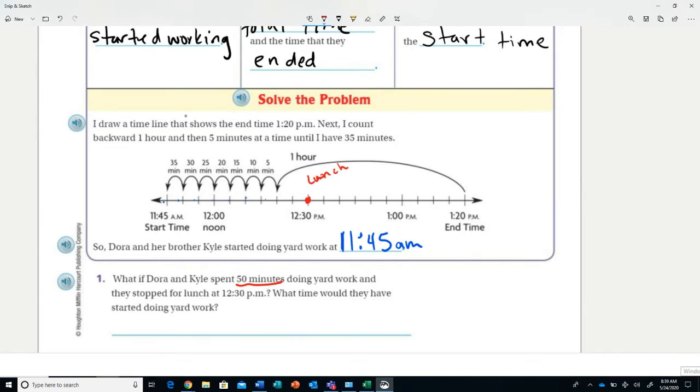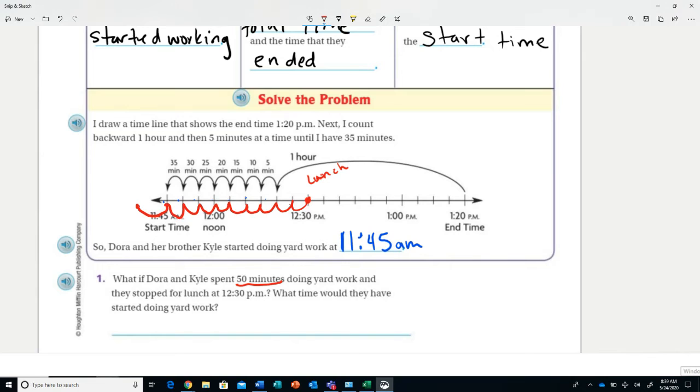One thing here is you have to realize they're only counting by fives. You've got to be careful, so let me make sure it's correct. 12:05, 12:10, 12:15, 12:20. This is correct as far as the tick marks go. So I'm going to count back by fives: 5, 10, 15, 20, 25, 30, 35, 40, 45.